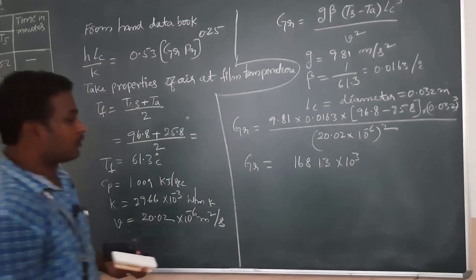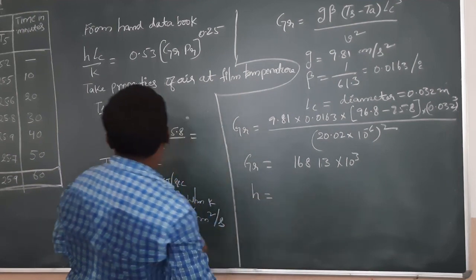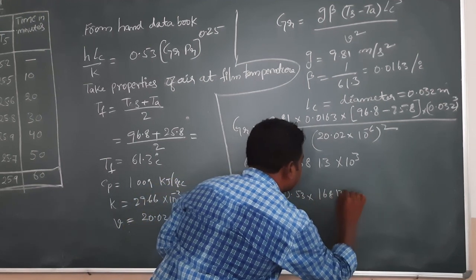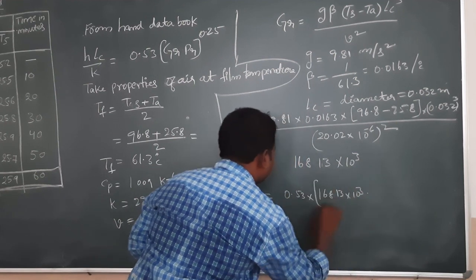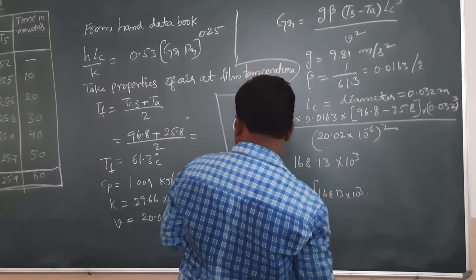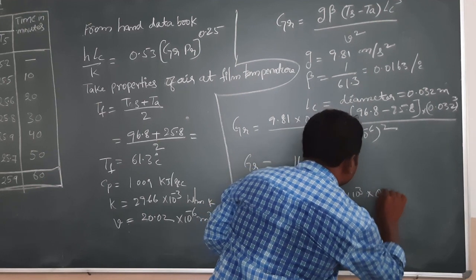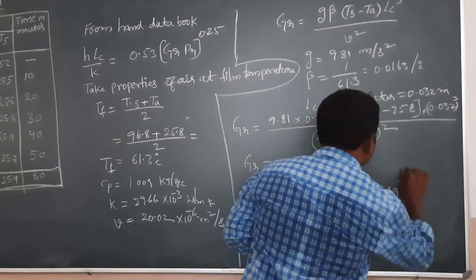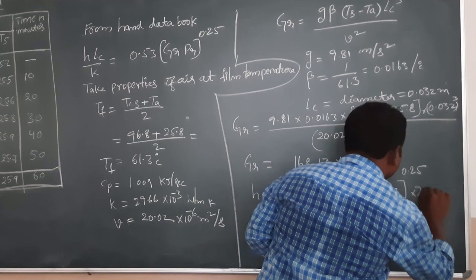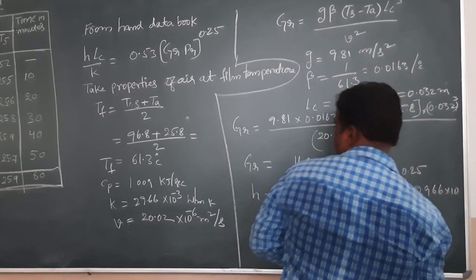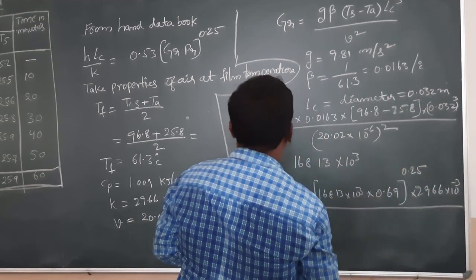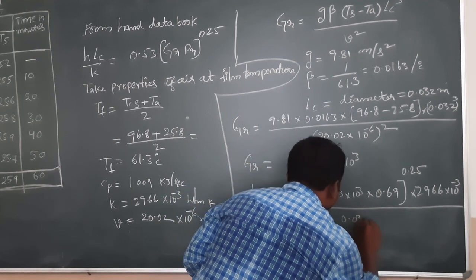We will get the heat transfer coefficient h value. h equals 0.53 into 168.13 into 10 to the power of 3 times Prandtl number 0.69, whole power 0.25, into thermal conductivity 29.66 into 10 to the power of minus 3, divided by characteristic length Lc, that is 0.032.